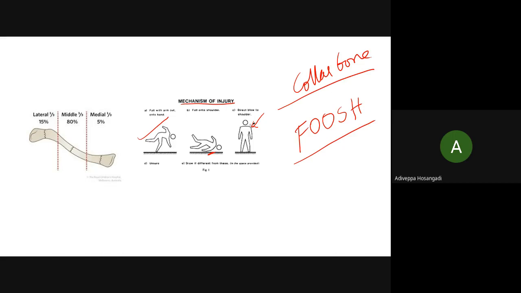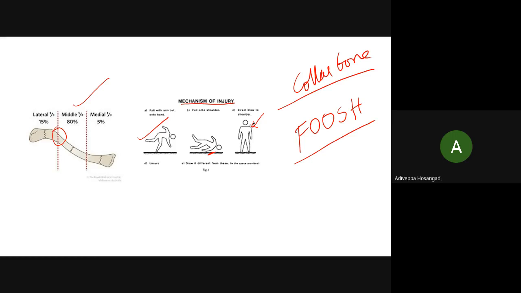Most commonly it is because of a fall on an outstretched hand, and most commonly it fractures in the middle one third. To be precise, it is generally the junction of the middle one third and lateral one third. But you should read your choices very carefully, whether it is lateral one third, middle one third, medial one third, or the junction of lateral and middle one third. The most common site of fracture of the clavicle is the middle one third, to be precise the junction of lateral one third and middle one third.